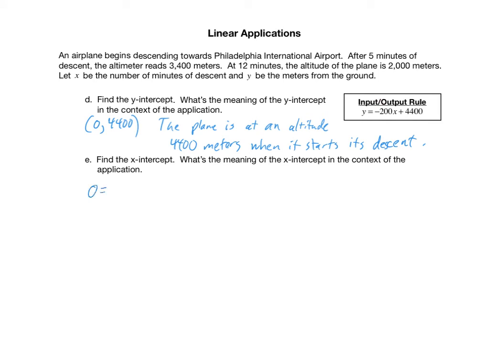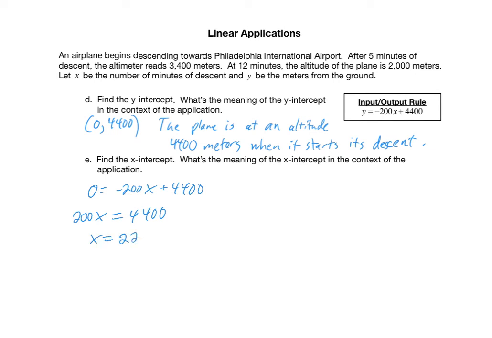And we get 0 equals negative 200 times x plus 4,400. And now we can solve our equation and get the x-coordinate of the x-intercept. So let's simply add 200x to both sides so I don't have to deal with that negative coefficient. And we get 200x equals 4,400. And then if you divide both sides by 200, we get x equals 22.